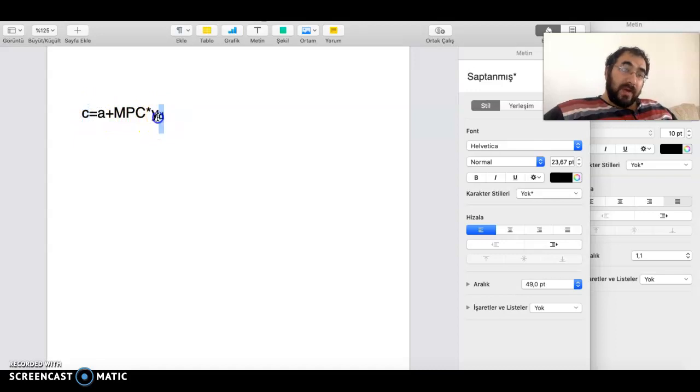It is equal to YD, disposable income, times MPC. This is the one factor there. This basically means that if I get, for example, $100 more income, I will spend MPC times $100. So if it is 0.8, I will spend $80. So this additional $100 will add $80 to my consumption.